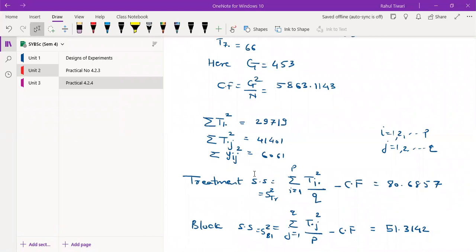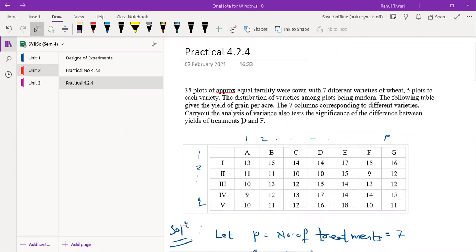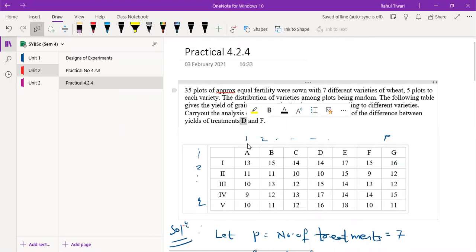Now here one part is remaining, treatment effect D or F. We have to compare these two treatments. Next class I will tell you, we will verify the answers of the second problem as well as how to test these two. That we will see in the next class, maybe on Saturday.